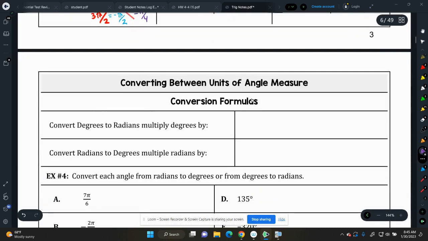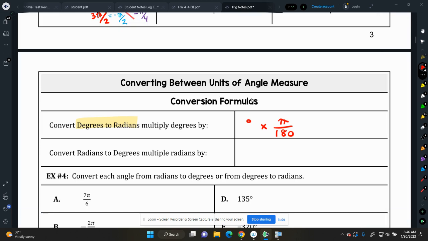To convert between them, converting from degrees to radians, we're going to take our degrees and multiply by pi over 180.